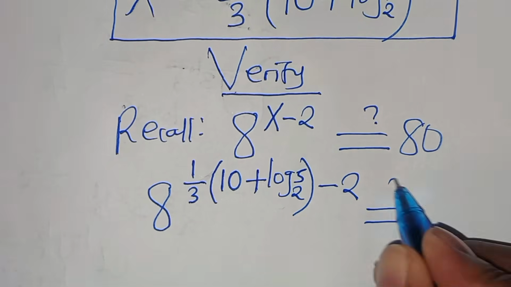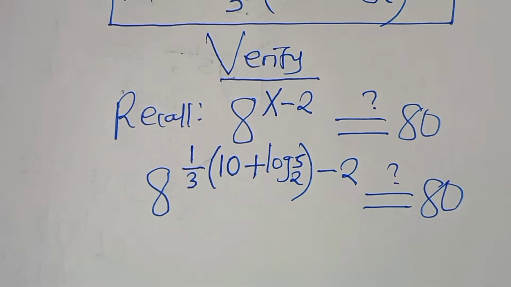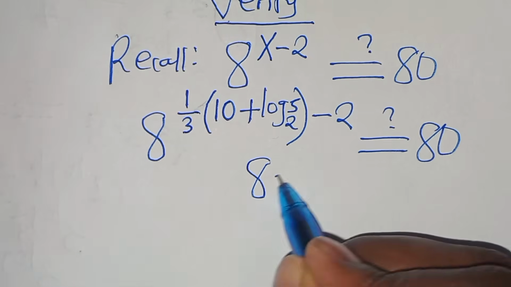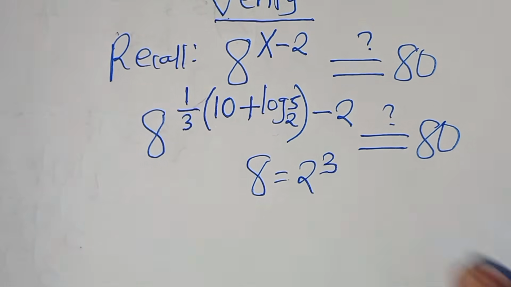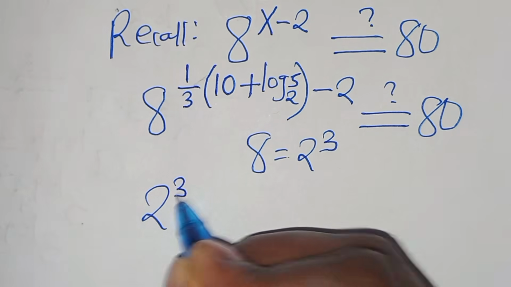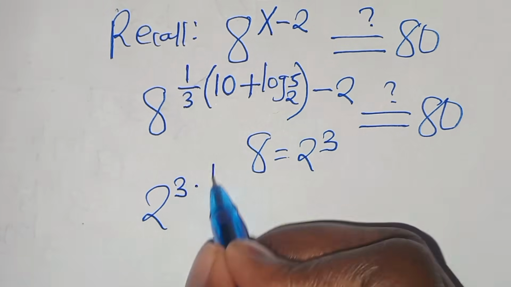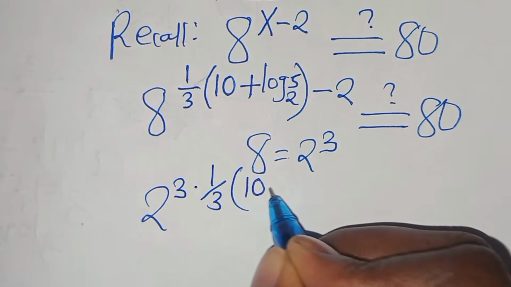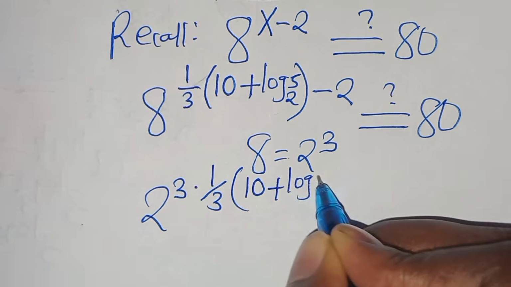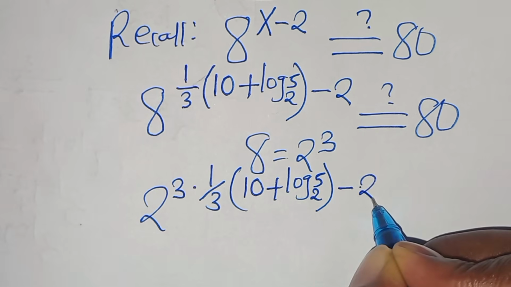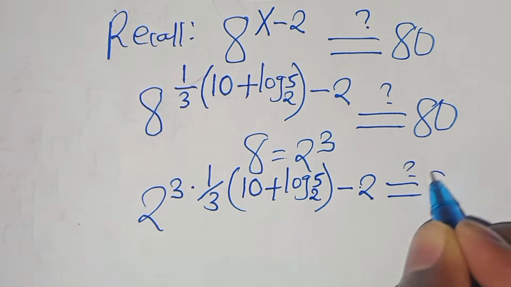This is supposed to give us a value of 80. The next step is that we can express 8 as 2 to the power of 3. So that now we have 2 to the power of 3 times 1 over 3 into the parentheses. We have 10 plus log 5 to base 2, minus 2. This should give us a value of 80.